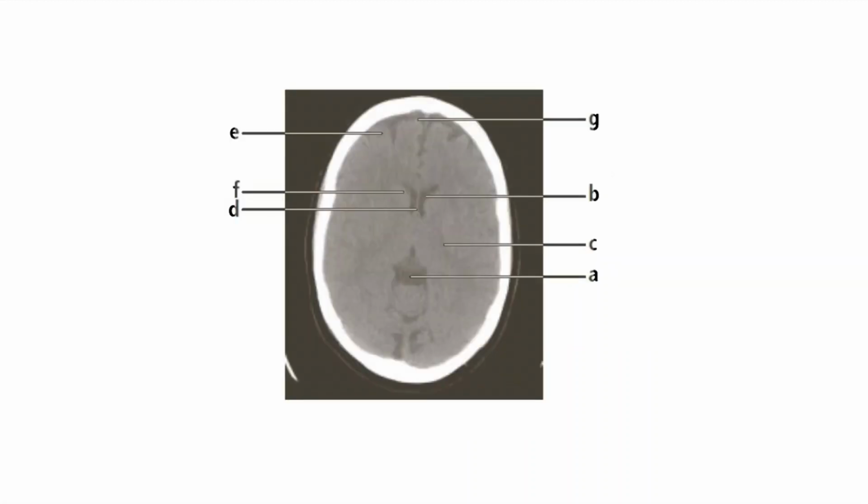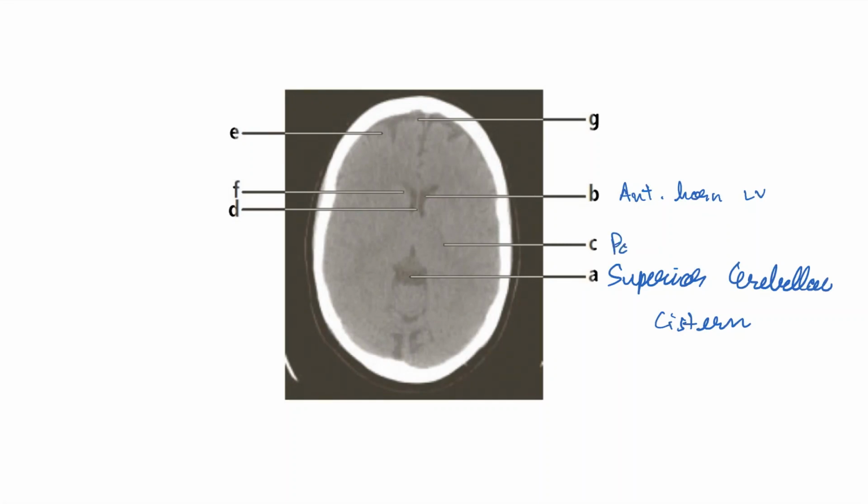Now, let us mark the structures in this CT scan. A is superior cerebellar cistern. B is anterior horn of lateral ventricle. C is posterior limb of internal capsule.